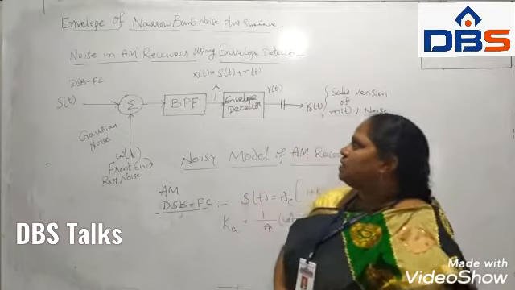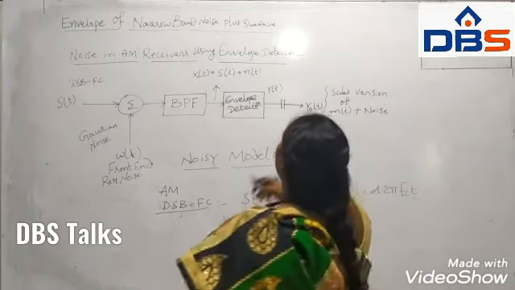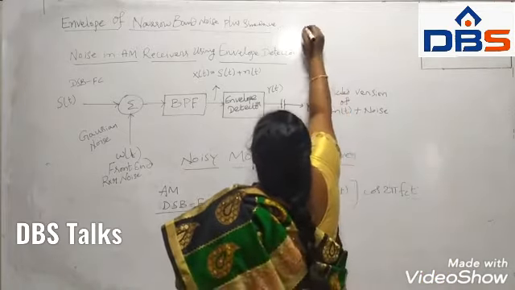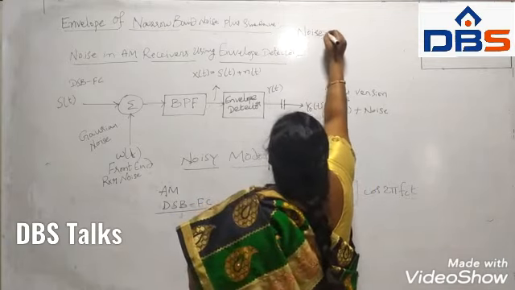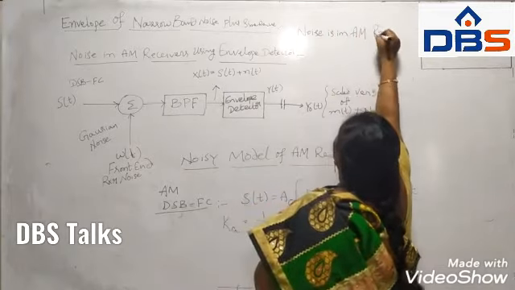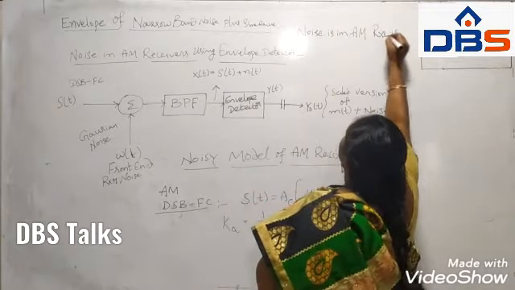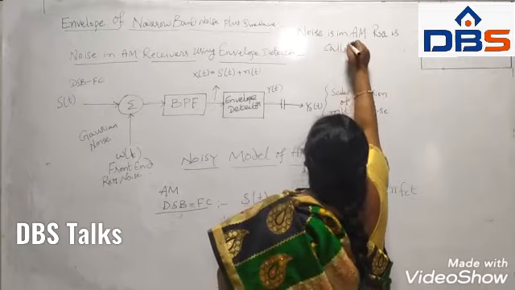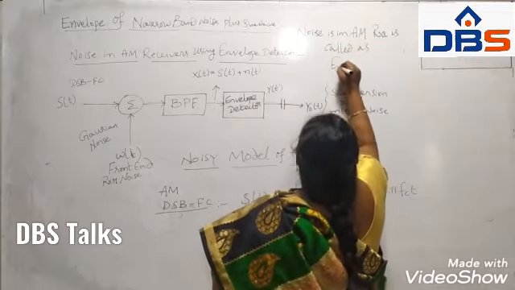The noise in an AM receiver is called the envelope detector.